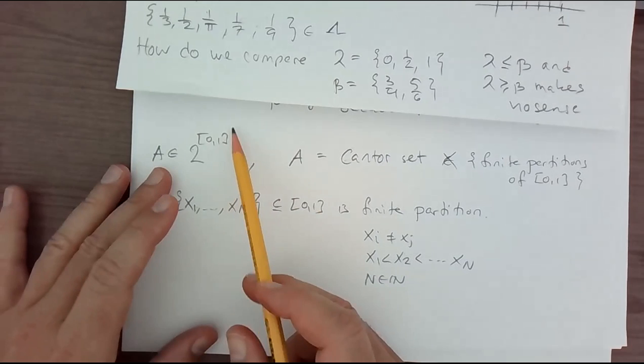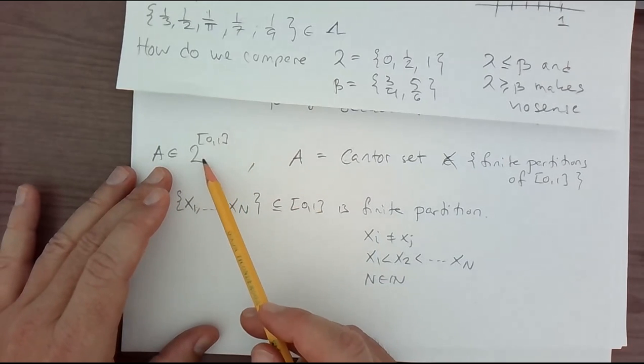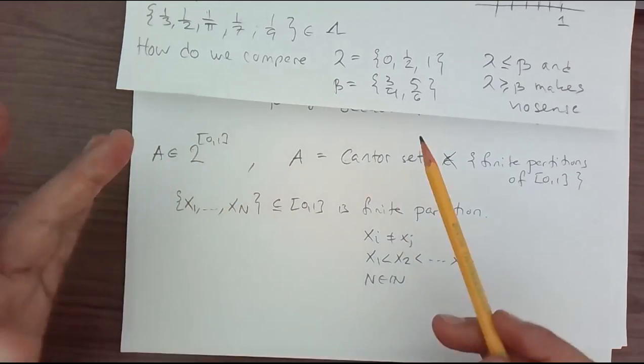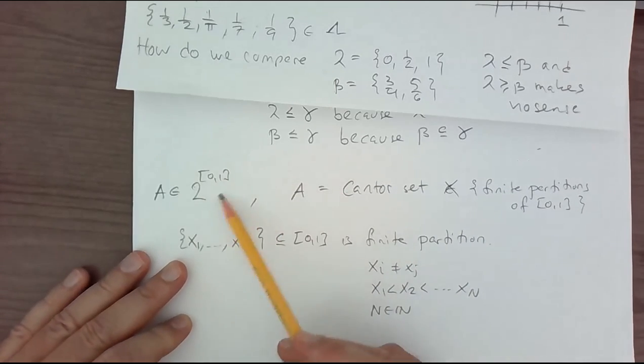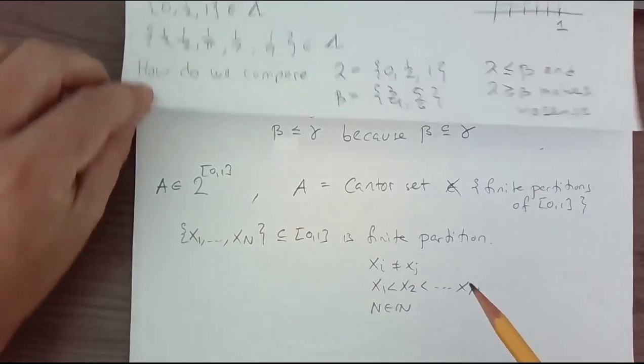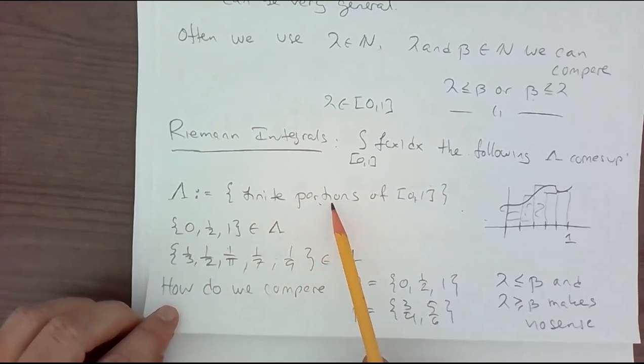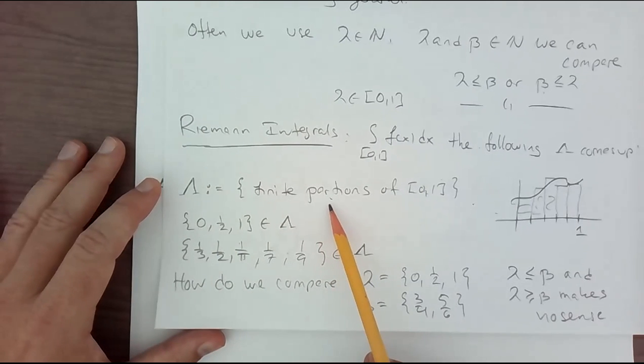So this here could also be an index. We could also have chosen this set here as being lambda, but in this particular application, this is much smaller than the power set.